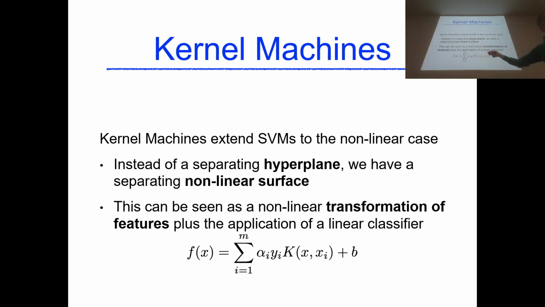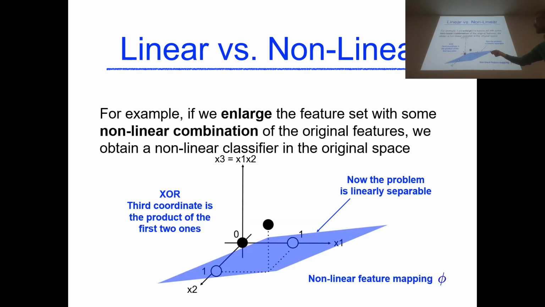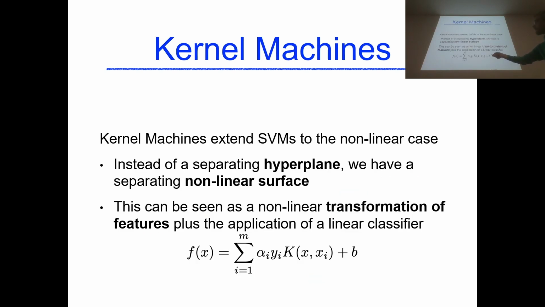And in fact, what we are doing basically is not so different from what we were doing here. This nonlinear surface is just a linear classifier applied to a nonlinear transformation of features. The only difference is that this time, the nonlinear mapping is embedded in the function.